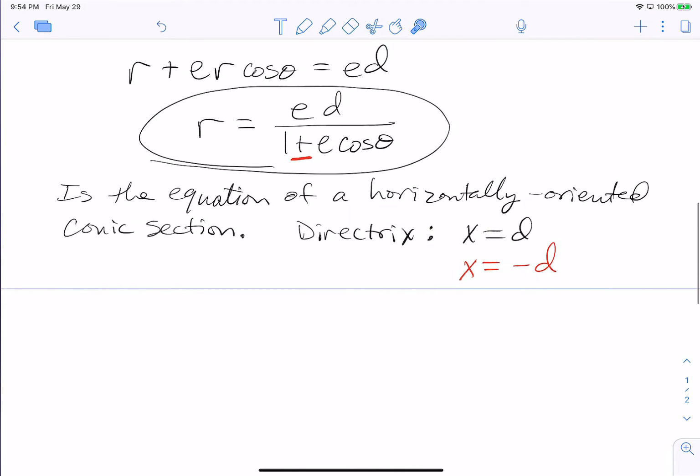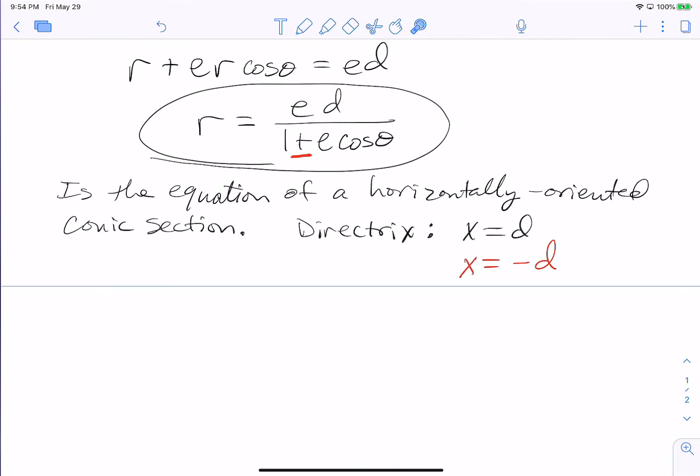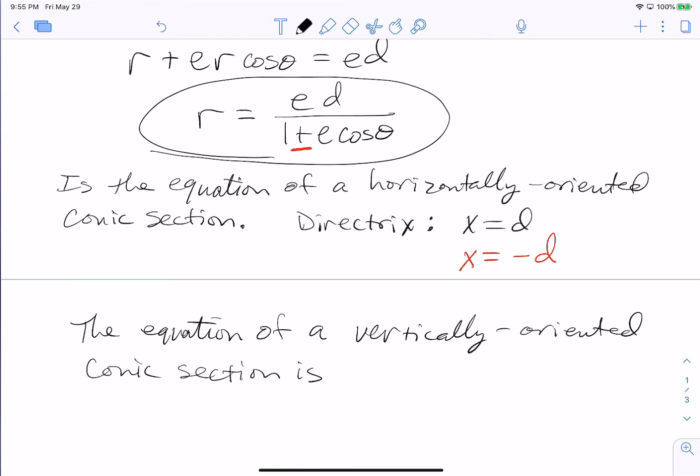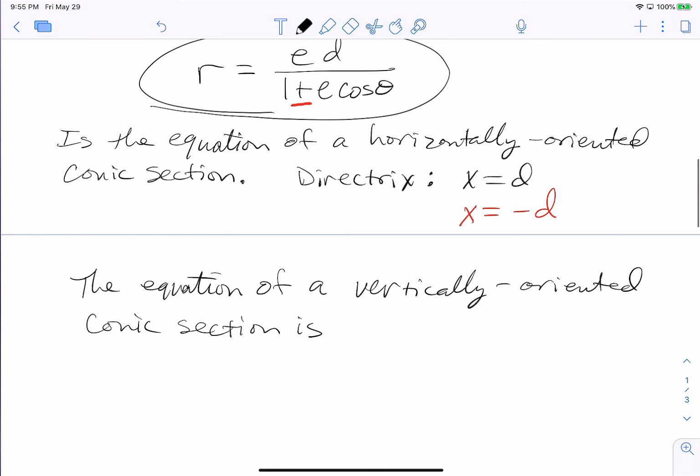In order to see a conic section that is symmetric with respect to the line theta equals pi over 2, we would have a horizontal directrix, and that would result in a vertically oriented conic section. So the equation of a vertically oriented conic section is r equals ed divided by 1 plus e times the sine of theta.